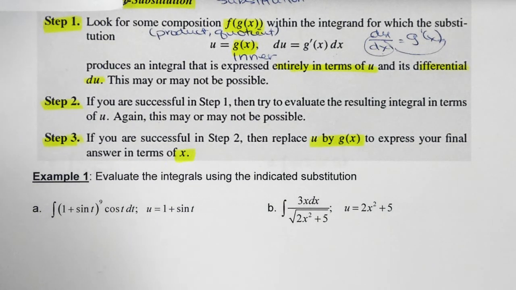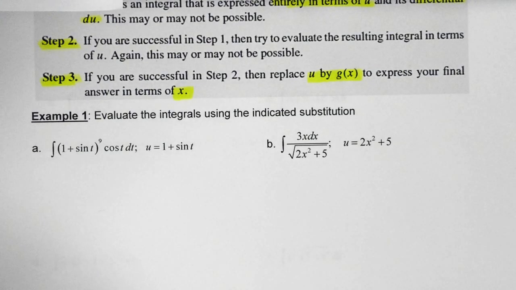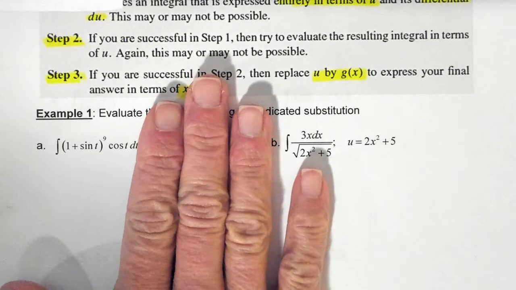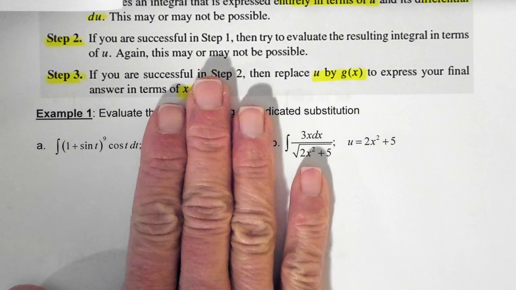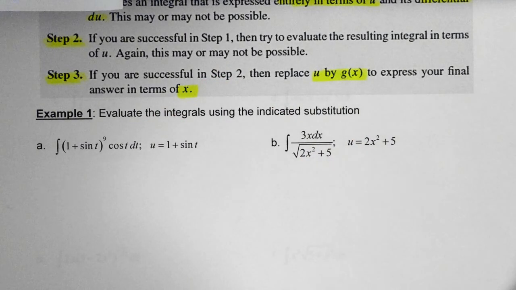Okay, so in the first few problems, what we do is we actually give you what your U sub is. So I want to go through some of the things that you're going to look for when you are actually doing this. So this would be the original problem, and this is what you would be given, and you actually have to determine, what am I going to make my substitution for?